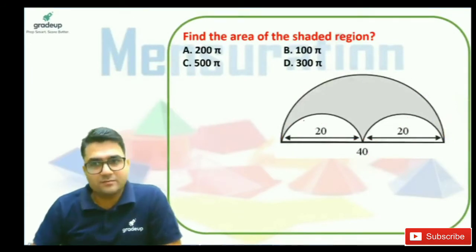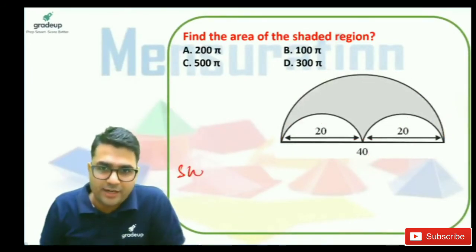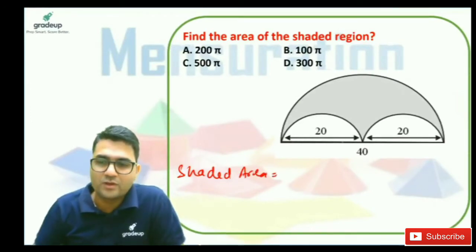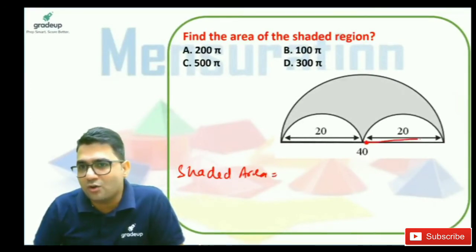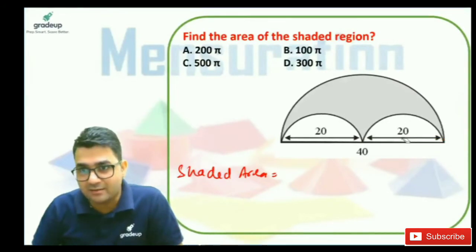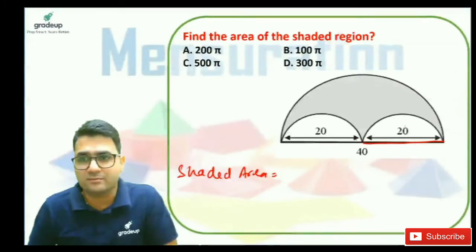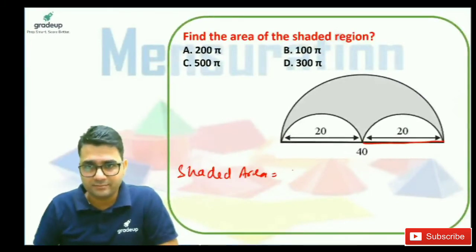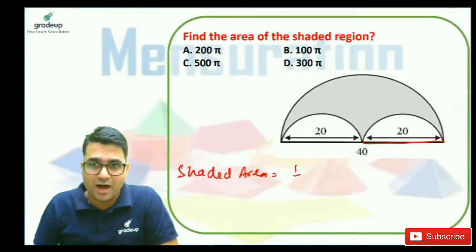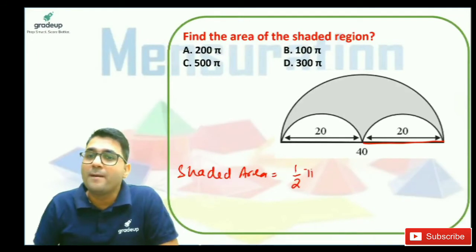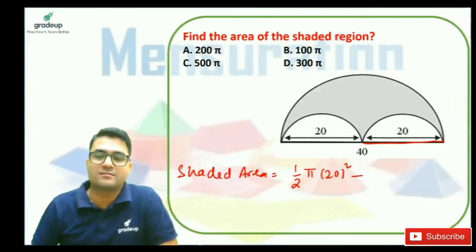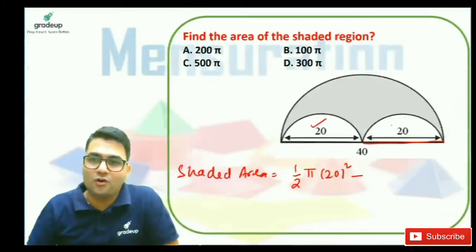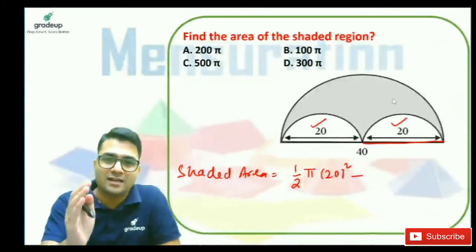So shaded area is equal to, what is the radius of this bigger semicircle? This is nothing but 20 centimeter, right? Area of half circle is 1 by 2 pi 20 square minus area of these two semicircles.